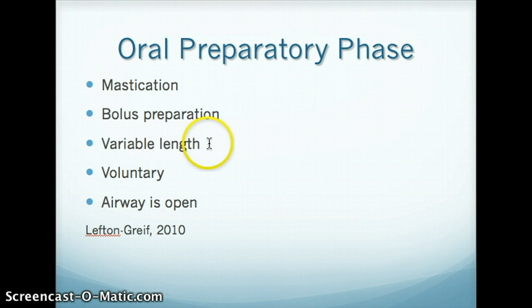The amount of time is kind of variable, but like I said, it's between 15 and 30 times. This is a voluntary stage. You are voluntarily chewing your food, and the airway is open. You're still breathing here. So in the oral preparatory phase, you're chewing your food and getting it prepared to swallow.